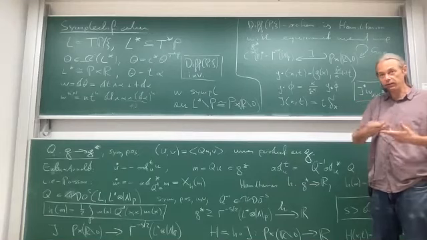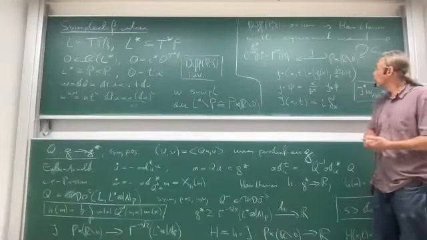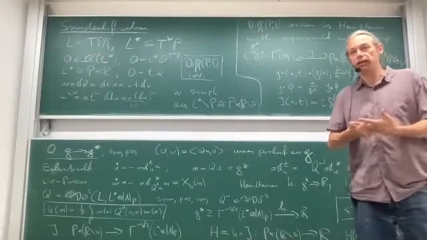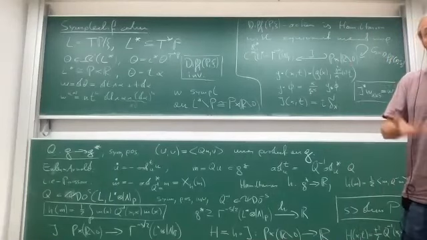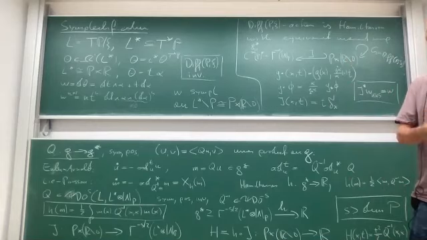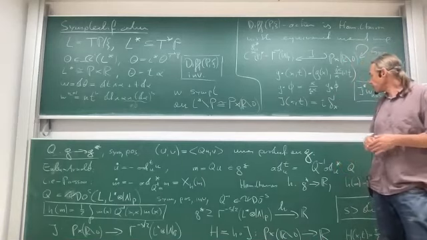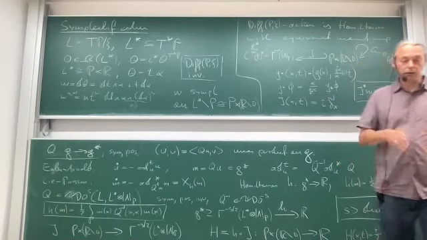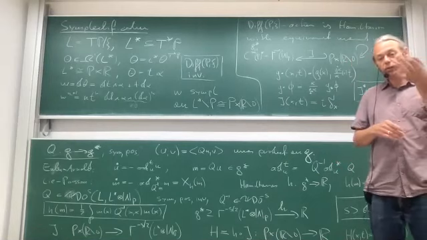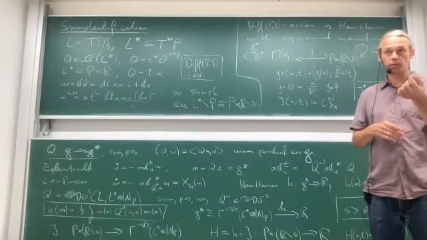The velocity, you get by applying Q inverse. Q inverse has one minus the Laplacian, so it's regularizing it. The velocity will be smoother. And in fact, the velocity will be continuous just by Sobolev embedding, but at this point where the momentum was supported, it's not going to be differentiable.